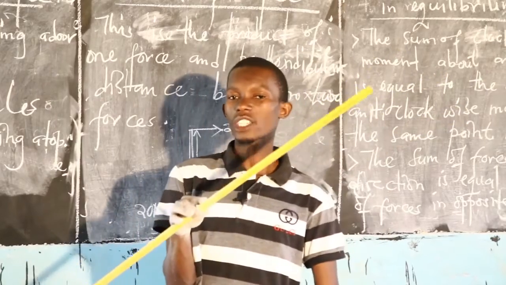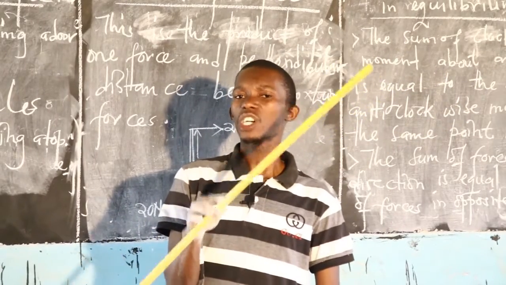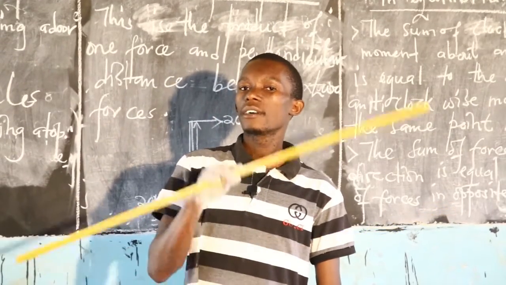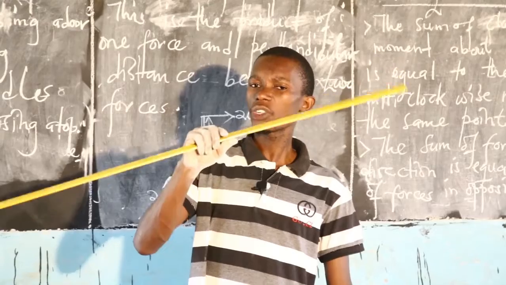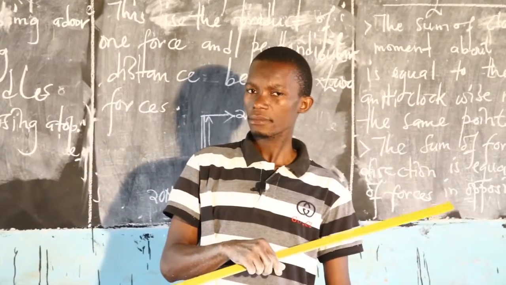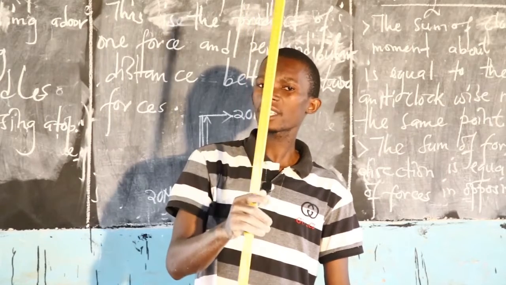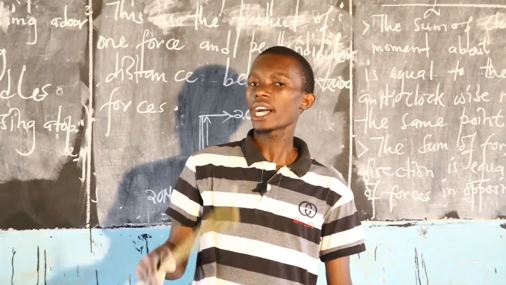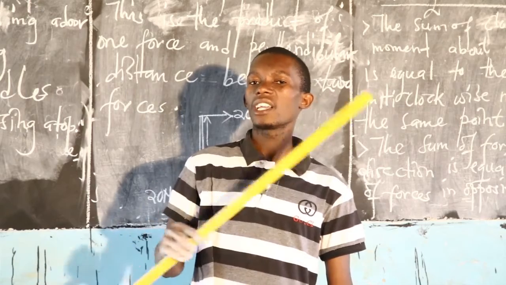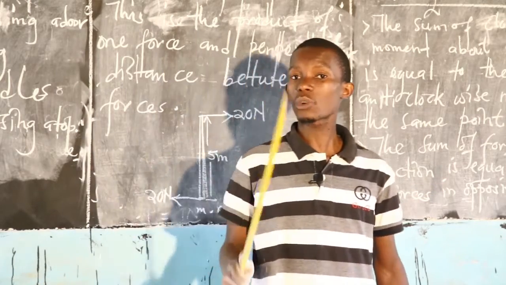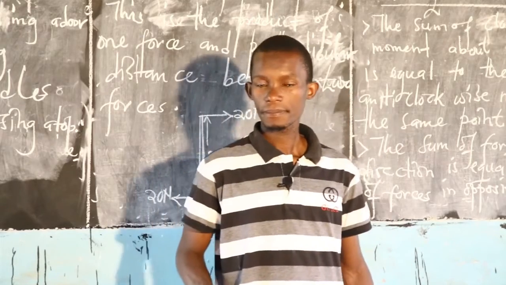In this topic we are going to look at two methods to find the center of gravity. The first method is for irregular objects. For regular objects like a ruler, a triangle, a square, or a circle, you can get the center of gravity.